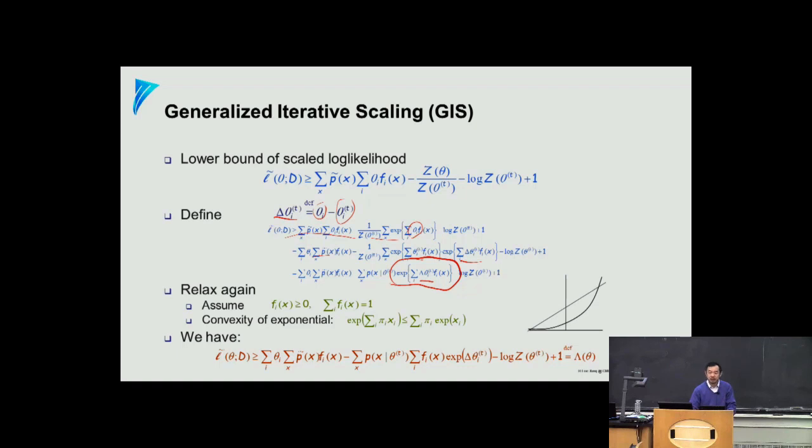If you still remember, I don't know, Morion covered the EM algorithm to the level of detail that there was a particular moment where we used a trick to use a convexity bound basically to turn an exponential of a sum into something else. Yeah, Jensen's inequality, right? Which I wrote here.